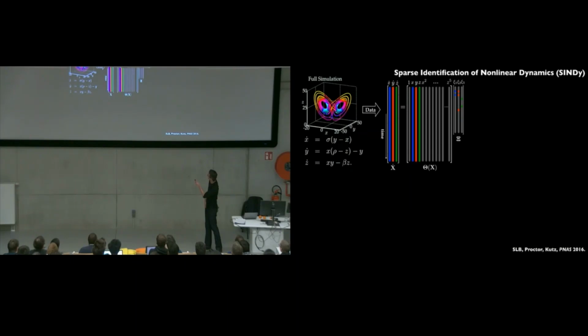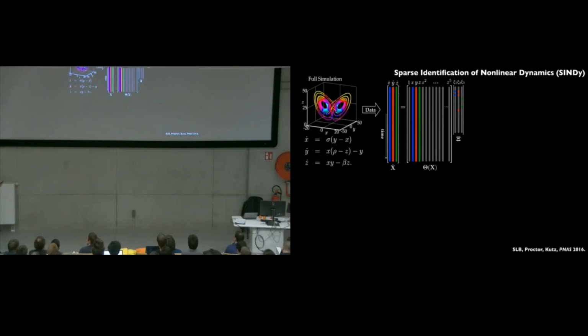So instead of just x, y, and z, I can build x squared, xy, y squared, all the way up to z to the fifth. These columns can be evaluated from data. I can take x, y, and z and compute x squared and xy and y squared and things like that.